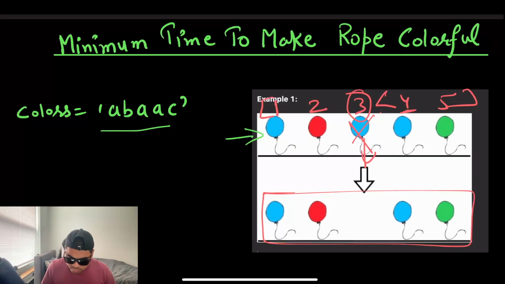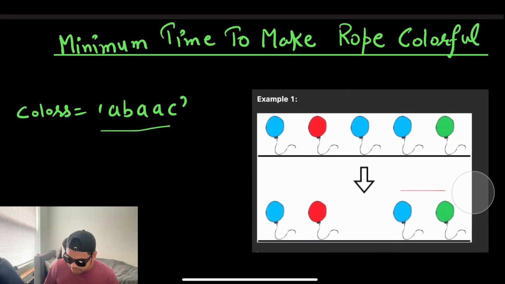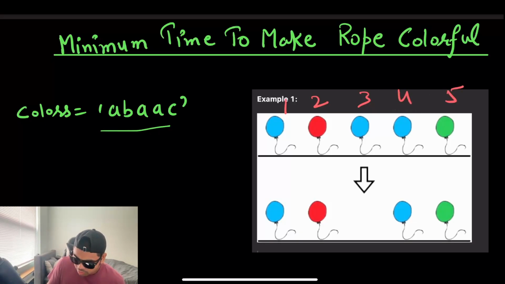So here we are going to use a 2 pointers approach. We go over our colors array, and let's say my left pointer is over here, then my right pointer starts at 1, and I keep moving my right pointer towards the end.